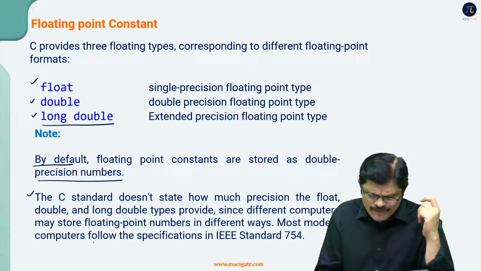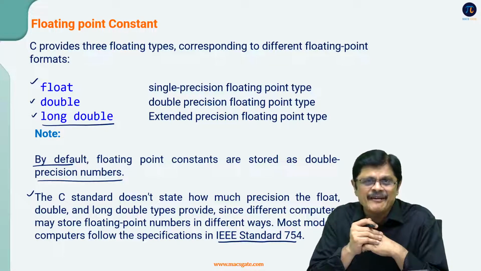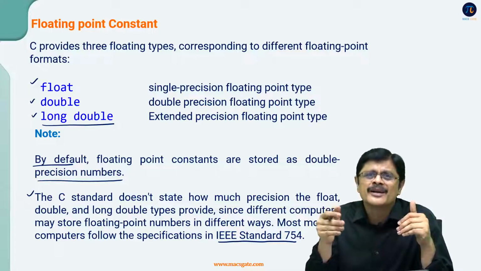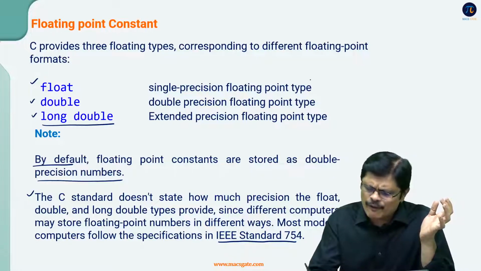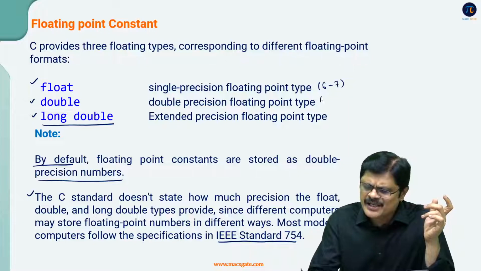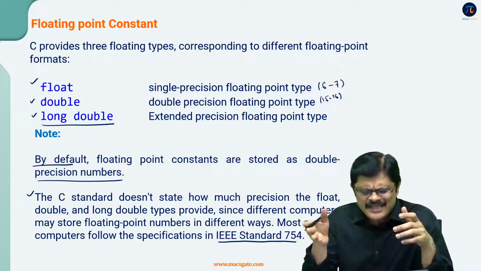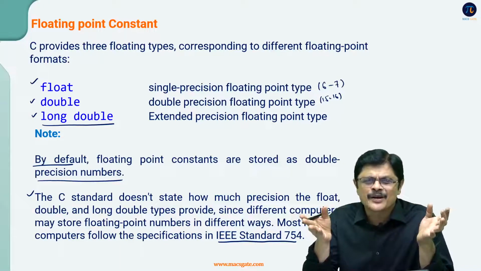But most modern computers follow the IEEE standard 754 for storing floating point numbers. Based on that, generally float single precision may be around 6 to 7 digits precision, whereas double precision is around 15 to 16 digits precision. The extended double varies from compiler to compiler, my dear friends.